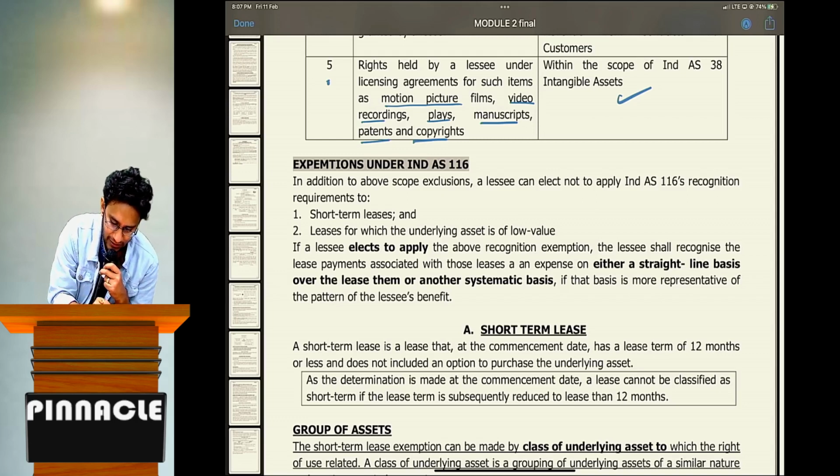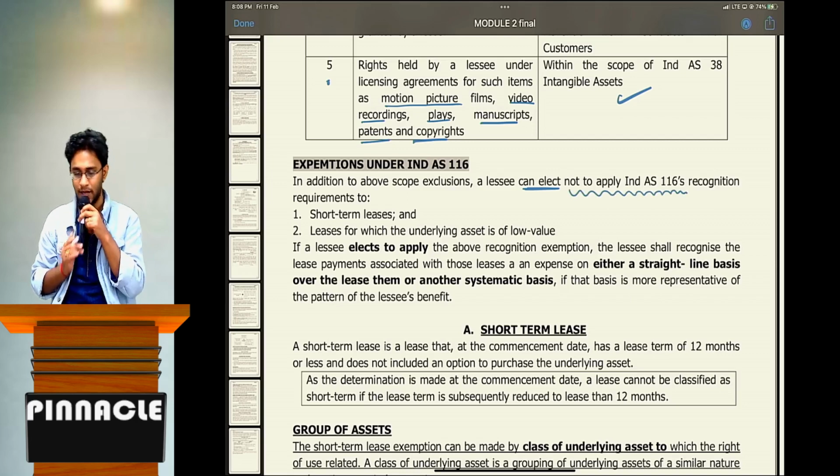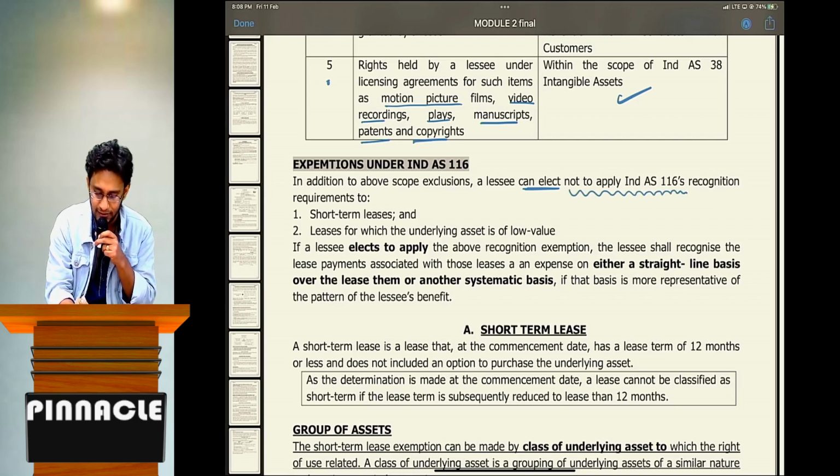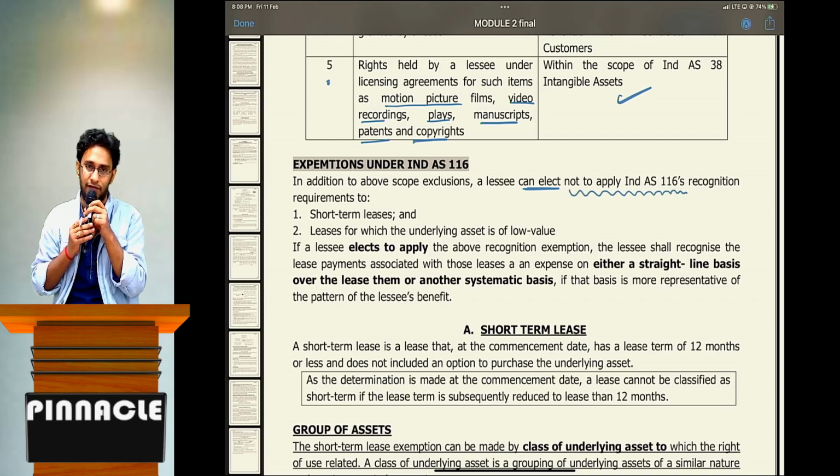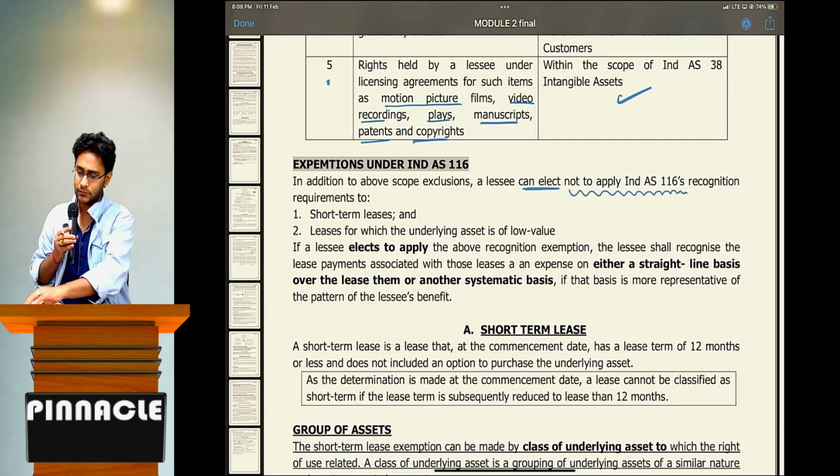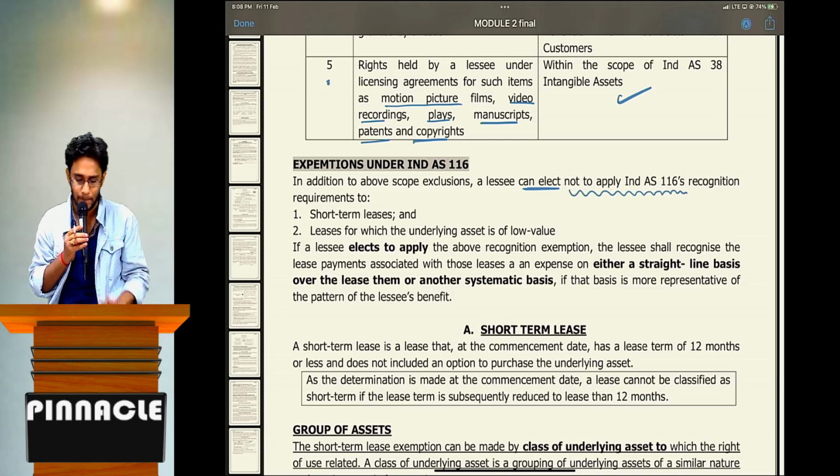Now, if you read here, in addition to the above scope exclusions, lessee can elect not to apply Ind AS 116 recognition requirements. It is can elect, sir. That means his choice. If he still wants to follow the normal accounting, he can follow, or he may choose not to follow.